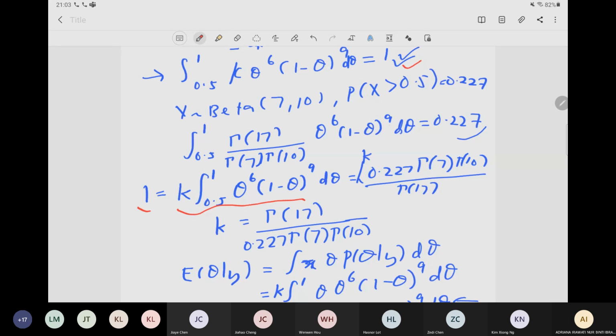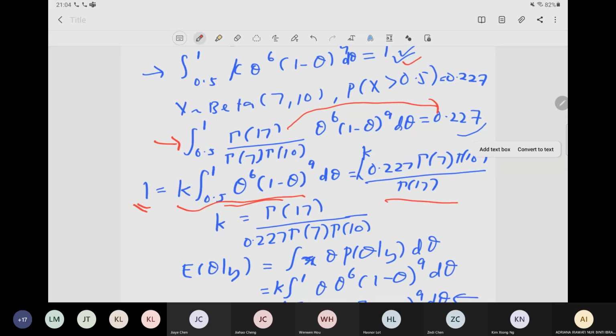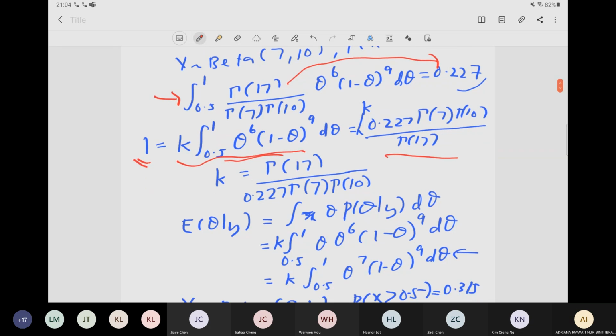If you move this constant to here, you get this, so this one equals this, and then multiply by k on both sides. Because this is a PDF, this one equals 1, so this thing will also equal 1. That's how you get your constant k. So this is your constant k now.